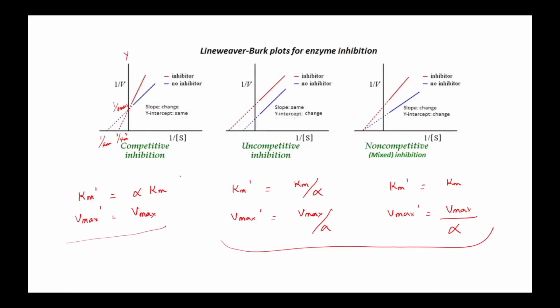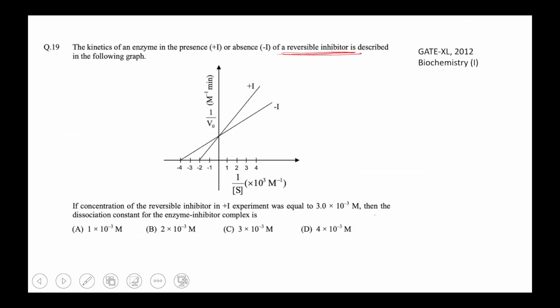Also the Km value is increasing. With the inhibitor we are getting a higher value, which says that the Km is increased. That is why we can find out that this is a competitive inhibition example.